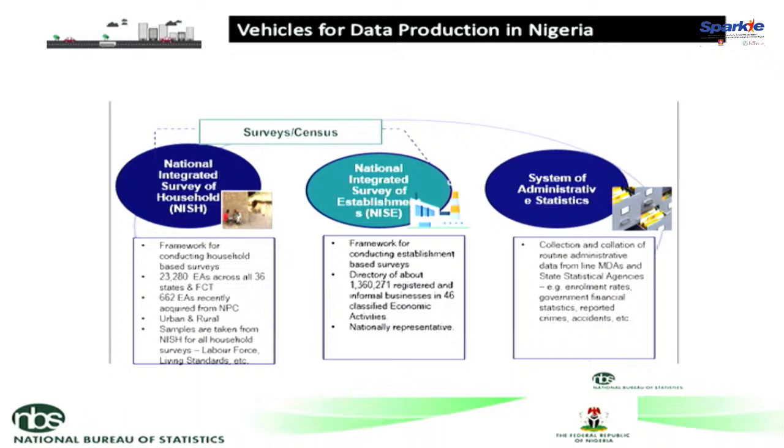On the other hand, we also have the NISE, which is the National Integrated Survey of Establishments. So when we want to run an establishment kind of study, we use this NISE. I think we did a survey on establishments last year, and we also updated the directory.